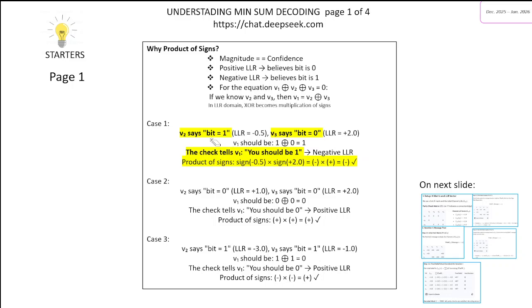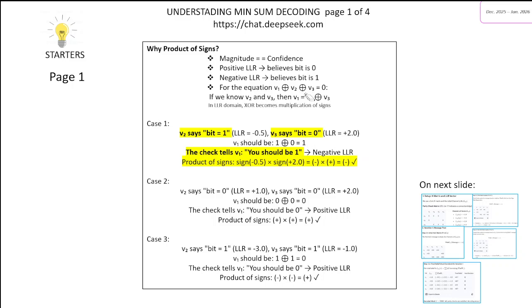So these two LLRs are in an equation like this: V2 is this and V3 is this. V2 is saying I am 1 and V3 is saying I am 0. So 1 XOR 0 gives a 1. That means V1 should be 1.